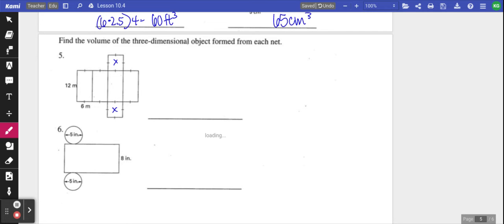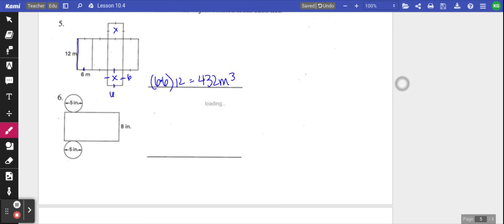So my base is a square, and the formula for a square is length times width, and based on the fact that this is 6 meters, and these also have the 1 tick, they will also be 6 meters. So my base area is 6 times 6, and this is giving me the height of my prism, which is 12. Total of 432 meters cubed.